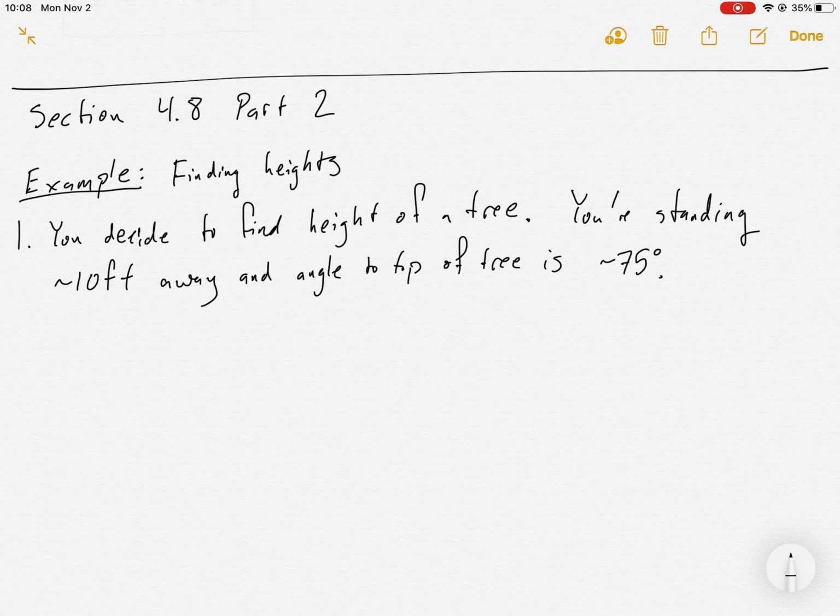And so then the question is, what is the height of the tree? In this example, we'll assume that your height is negligible, or you're basically measuring that angle from the ground.